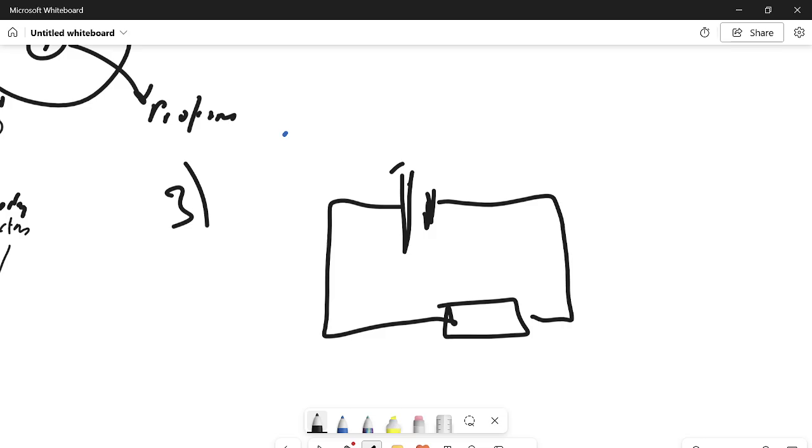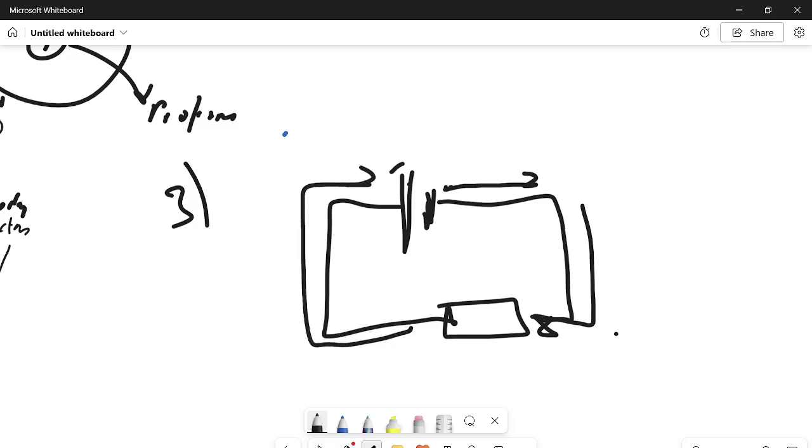In these reactions, it pushes, sorry guys, my pen is not working properly. Alright, I think it's working now. In these reactions, it pushes electrons from the negative terminal all the way around the circuit to the positive terminal.